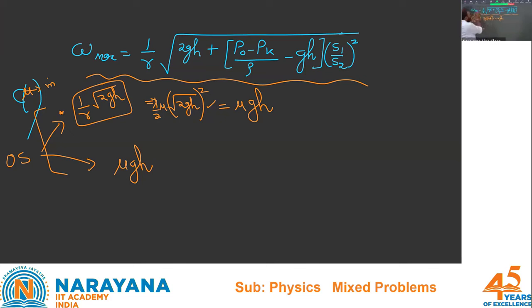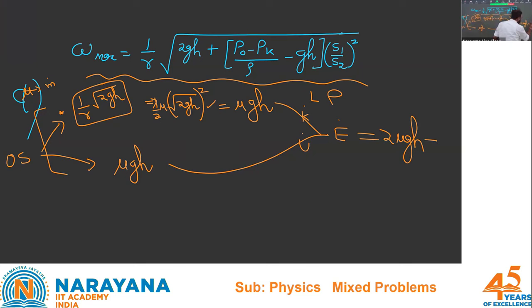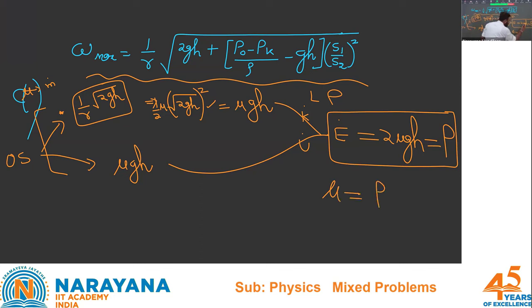And that omega I have also taken as the least possible value. So my least possible energy per unit time, the kinetic K dot plus the potential U dot, E dot, becomes 2 mu gh. If that is made equal to the power of the engine available, then mu, the mass per unit time, is P upon 2gh. That should be the answer.